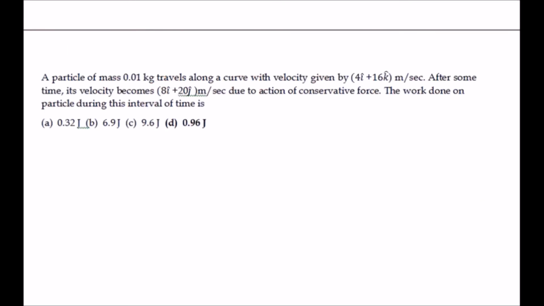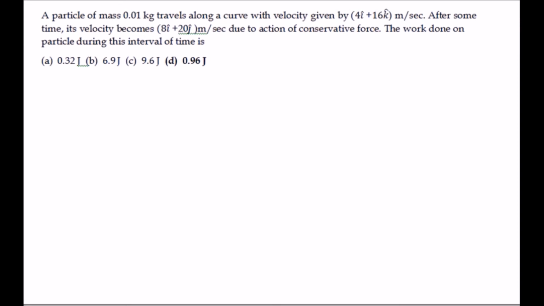Now we will move to the next problem. A particle of mass 0.01 kg travels along a curve with velocity given by 4i plus 16k meter per second. After some time its velocity becomes equal to 8i plus 20j meter per second due to the action of a conservative force.